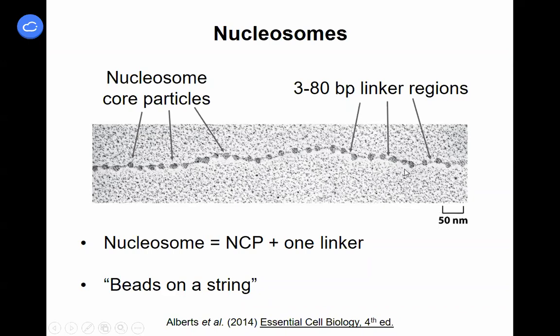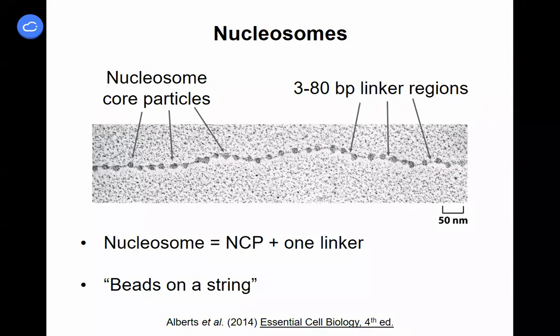But we've got these clumps, these little dots or circles here. Those are the nucleosome core particles, and you can see they're joined by a little line. That's the DNA. So the DNA goes around one core particle, and then there's a linker region, and then it wraps around another histone octamer, and then there's a linker region and it wraps around another histone octamer.